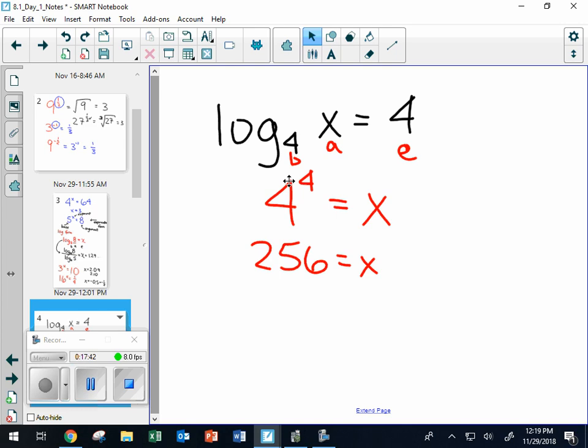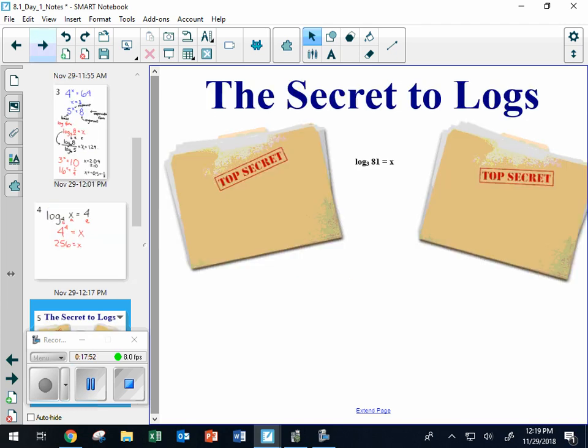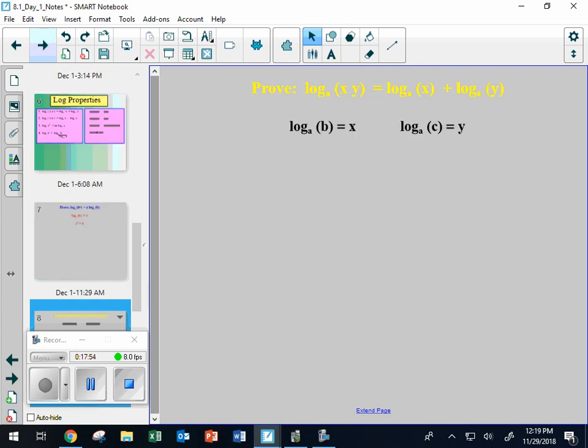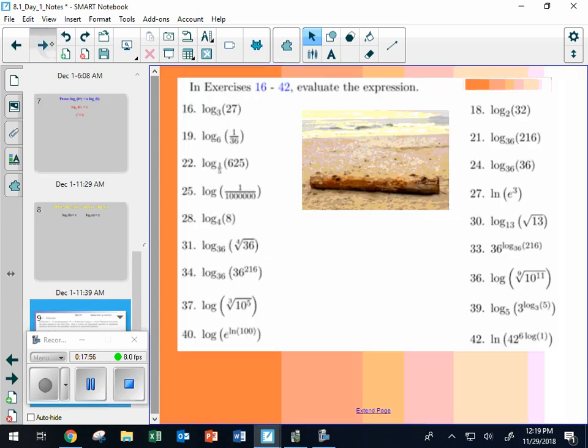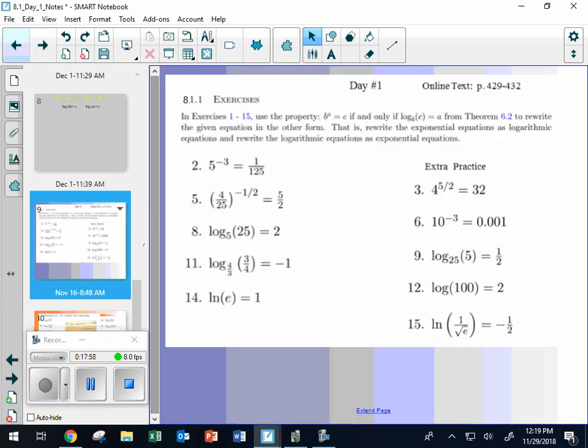All right. For the rest of the period, test corrections if you want to do them. Can lab help if you need it. Or otherwise, here is the homework for today. If we look at this first page for the homework, I would like you to do the first 4 on the left-hand side.